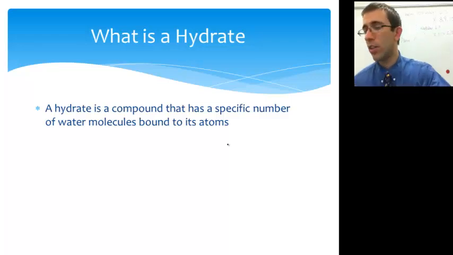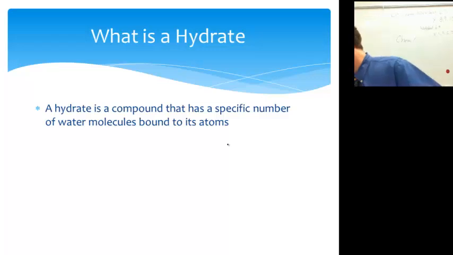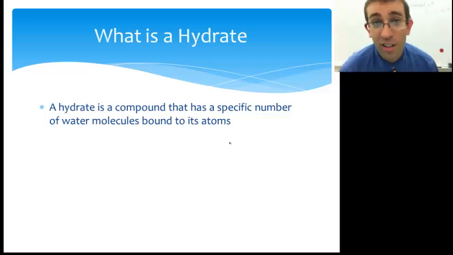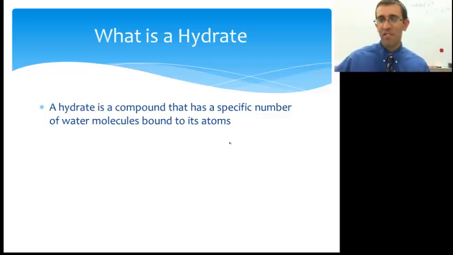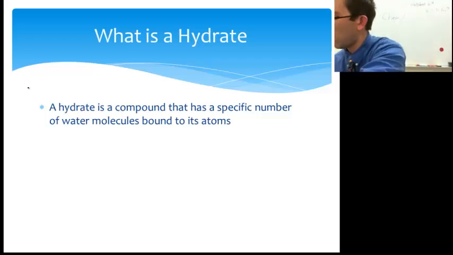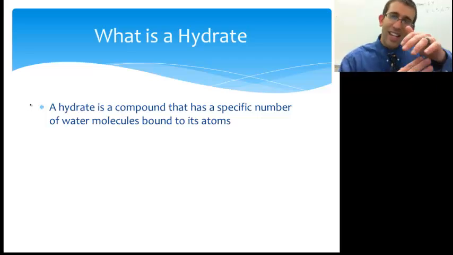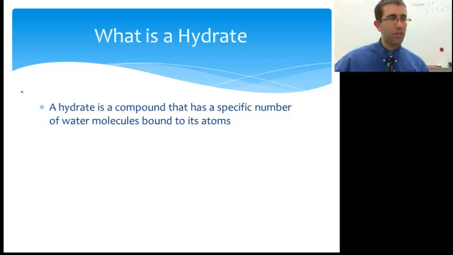So you actually have your structure here, and I have misplaced my pen, hiding right there. Here we go again. So for hydrates, if we're talking about a compound, the water molecules are bound to the atoms in the compound, meaning you have a compound here, and the water molecules are kind of like in between the structure of the compound.